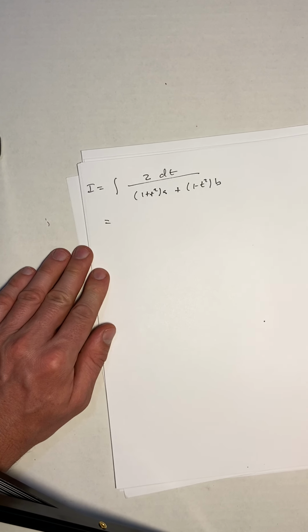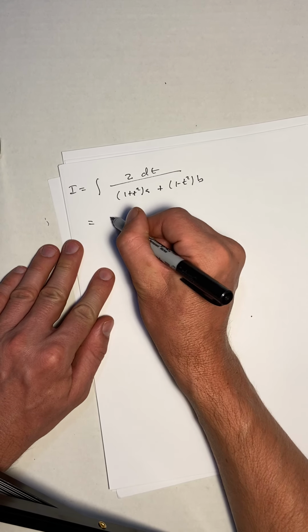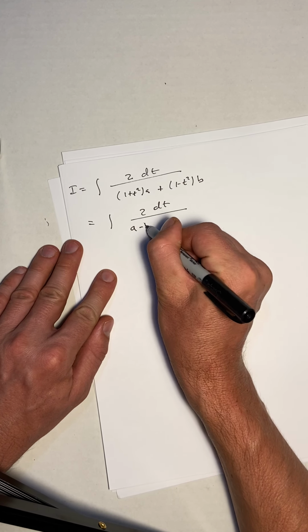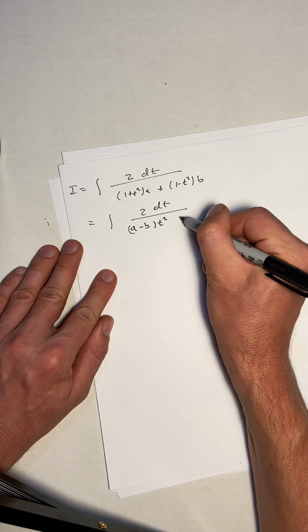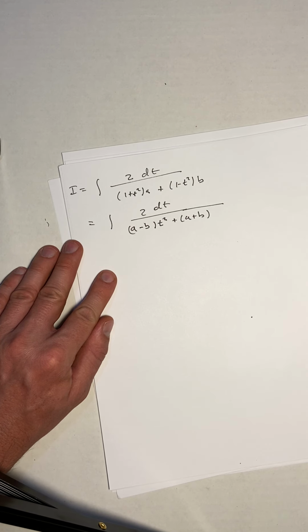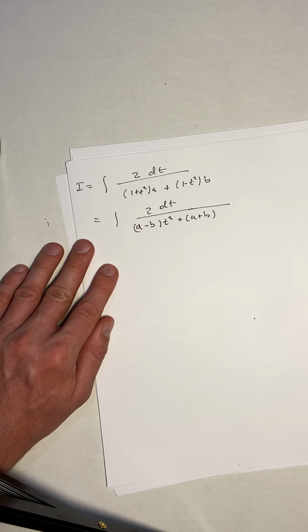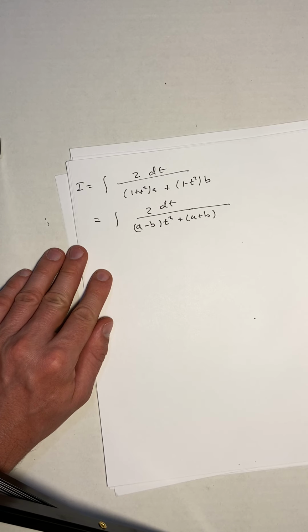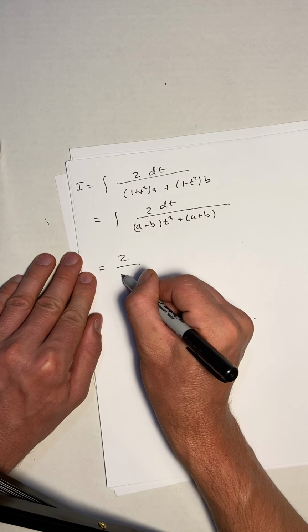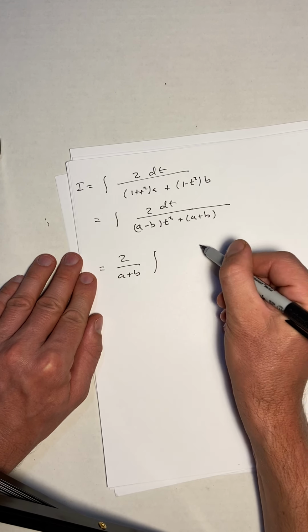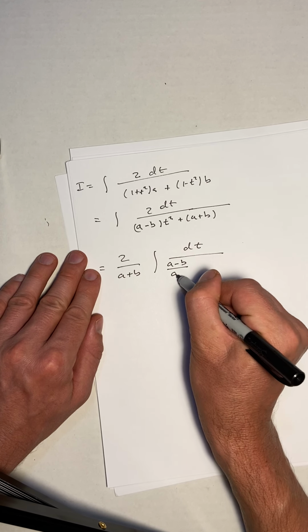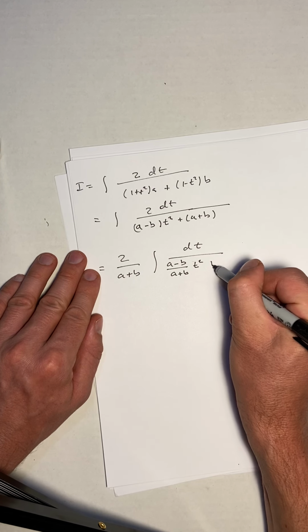Let's get all like powers together. So this would be the integral of 2 dt over a minus b t squared plus a plus b. Let's go ahead and factor out a 1 over a plus b. So this is 2 over a plus b times the integral of dt over a minus b over a plus b t squared plus 1.